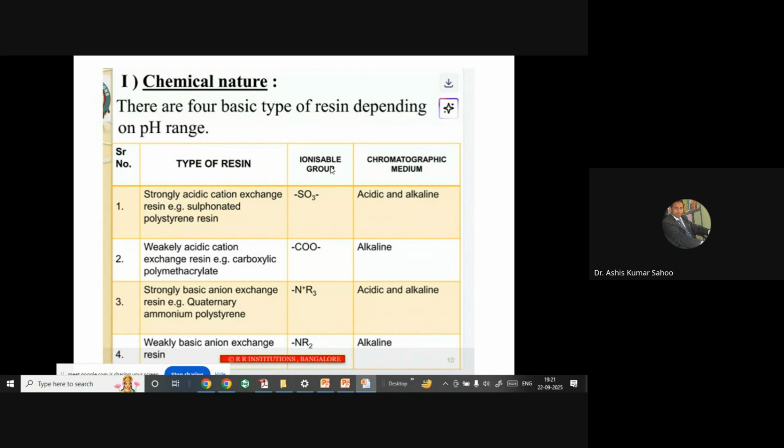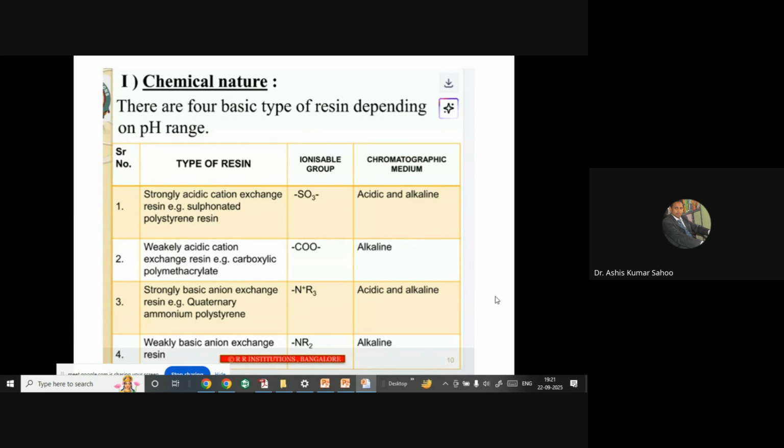So strongly acidic cation resin is sulfonated polystyrene resin, with ionizable sulfonate groups. Weakly acidic cation exchange resin is a carboxylic polymer, acrylate. Strongly basic anion exchange resin is a tertiary amine type.